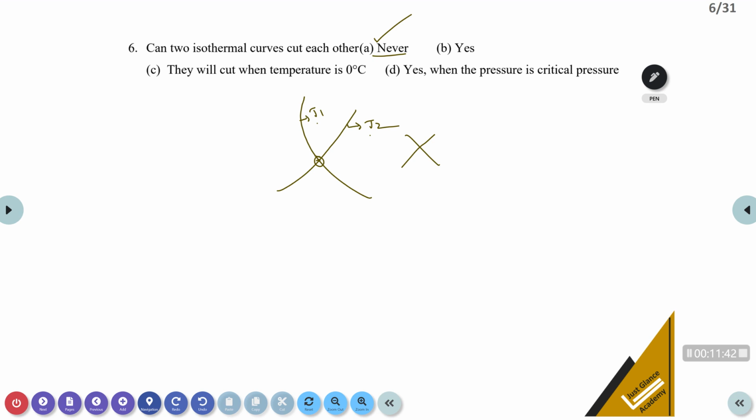So intersection is not at all possible, so A is the right choice. Why is it not possible? Because under equilibrium condition there is only one temperature. No two temperatures are possible.